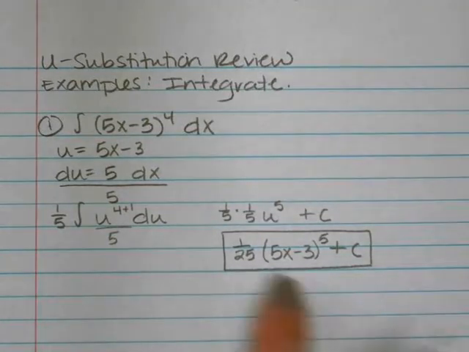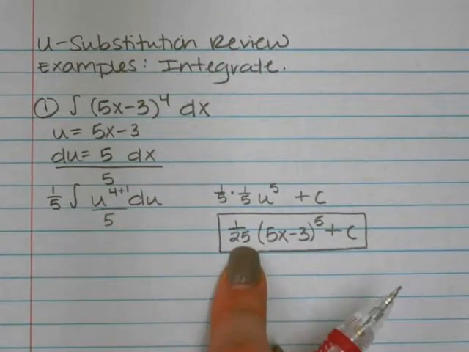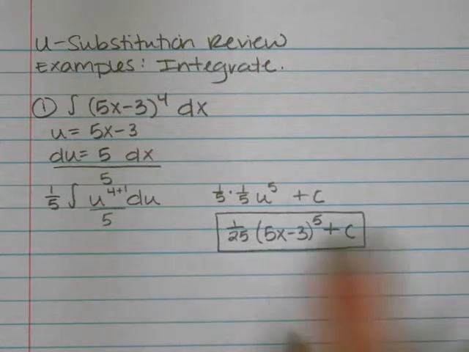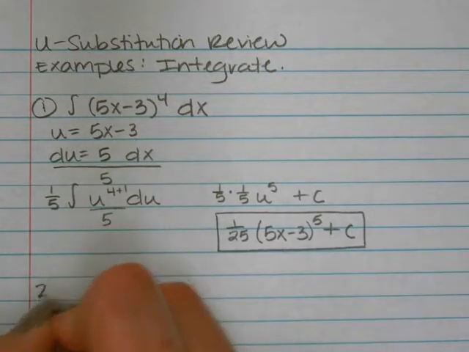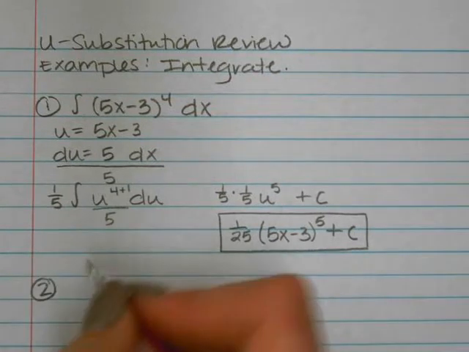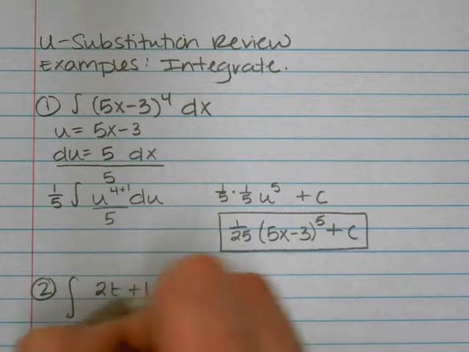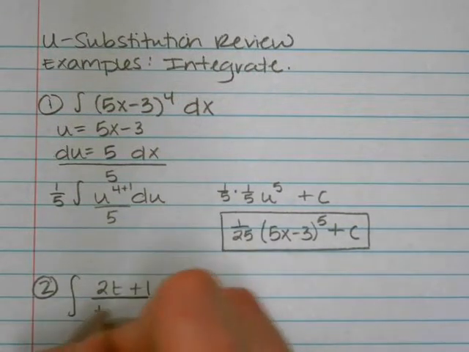Now, I typically write these with a fraction in the front. You can write the whole thing as a fraction. You can say (5x minus 3) to the 5th power all over 25, and that would be totally fine as well.